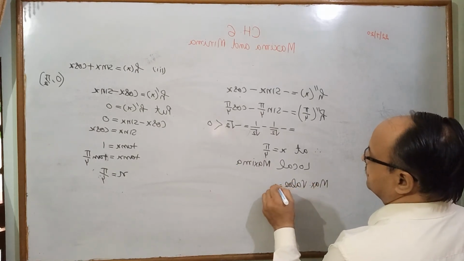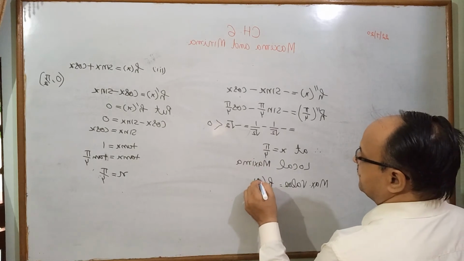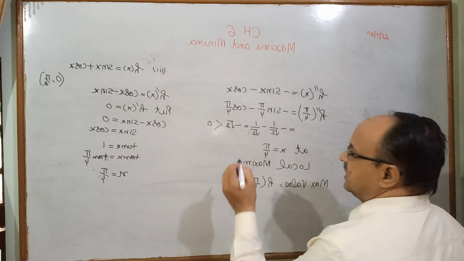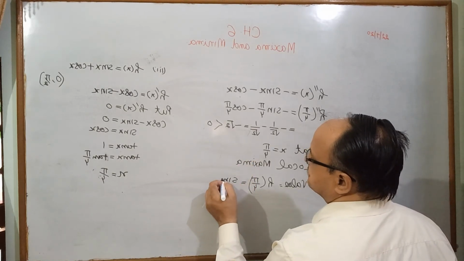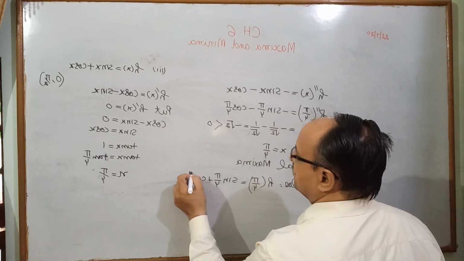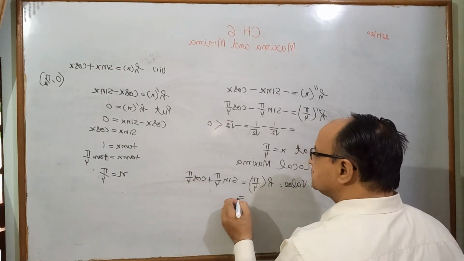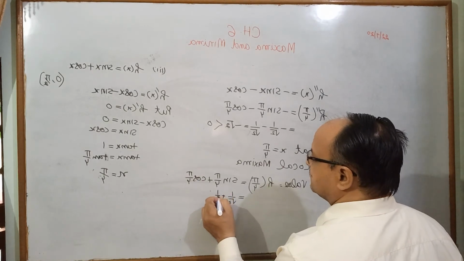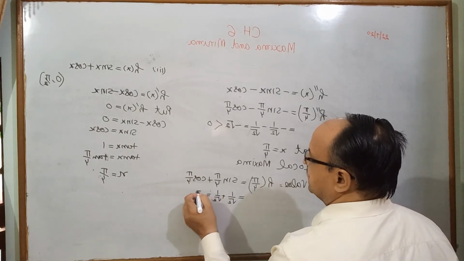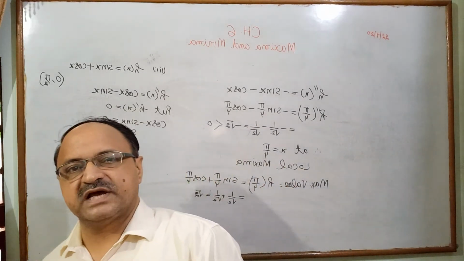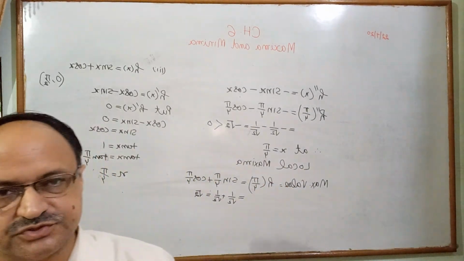Put x is equal to pi by 4 in the original function, and the original function, you know, is sin pi by 4 plus cos pi by 4, that is 1 by root 2 plus 1 by root 2, that is root 2. Therefore, root 2 is the maximum value of this question.